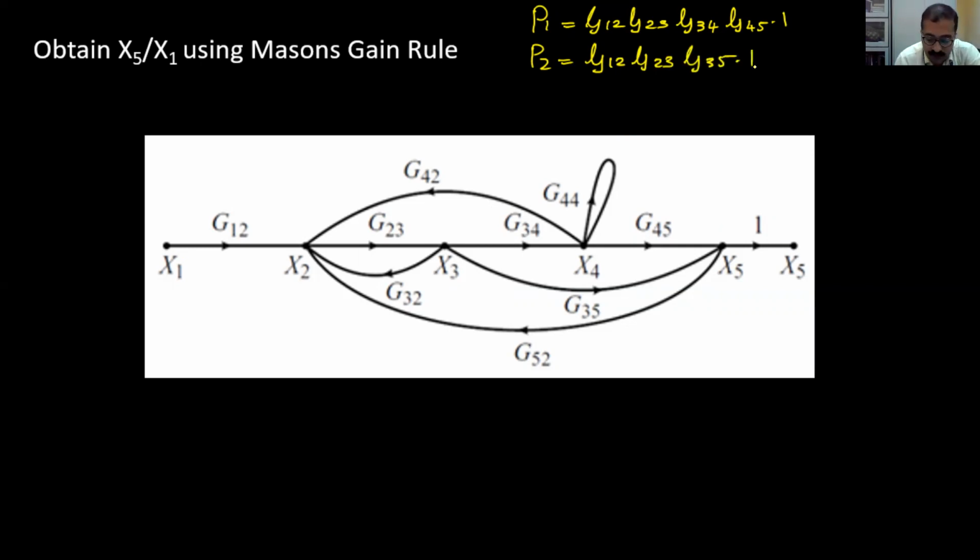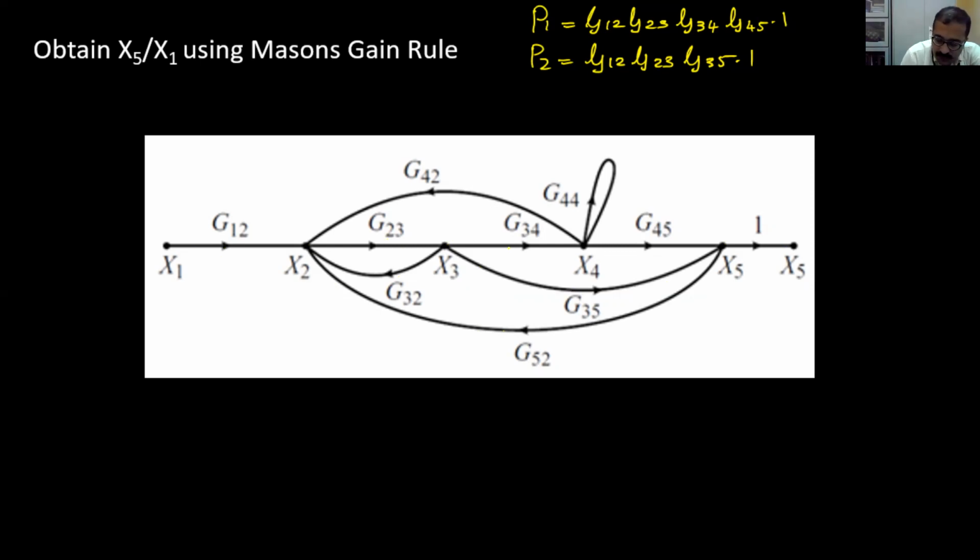Any other possible forward paths? What is a path? It should start from the input node and end at the output node without crossing a node more than once. So from here it is coming back, here also it's coming back, here also it's coming back. Go to the next node. So G12, G23, G35, 1 is the second possible forward path.